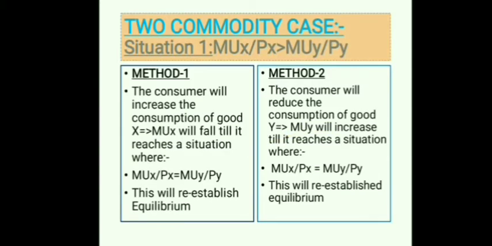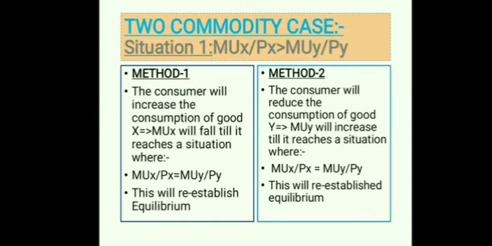Now let us discuss the case of two commodities. The first disequilibrium situation is where MUX by PX becomes greater than MUY by PY. So the consumer can re-attain equilibrium in two ways. First, the consumer can increase the quantity of good X. Then by the law of diminishing marginal utility, MUX will come down and this will continue till MUX by PX becomes equal to MUY by PY.